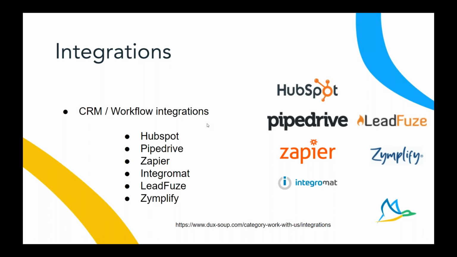So whichever platform you use, there's likely to be a solution for your requirements. We've got a direct integration with both HubSpot and Pipedrive CRM. We've got integrations with Zimplify and LeadFuse, which are platforms that can help you scale up your lead gen activities and provide additional levels of detail with regards to the data that you can gather. That's something that LeadFuse looks at, particularly with regards to email addresses and company information.